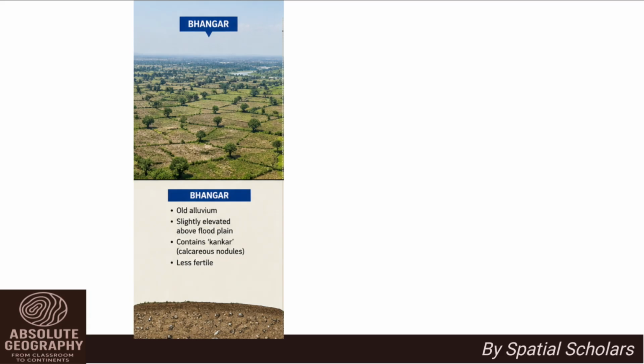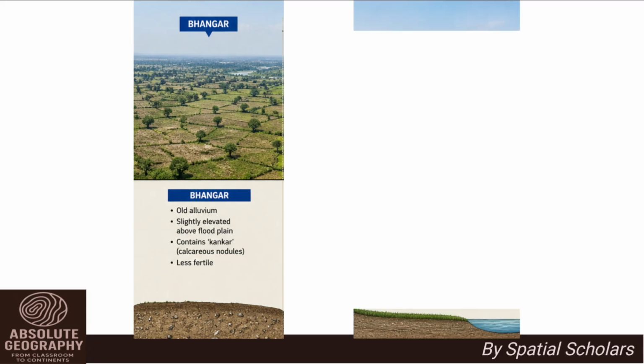Now, since this Bhangar region lies above the floodplains, it does not receive fresh alluvial deposits regularly. Therefore, the soil here is older and often contains calcareous nodules known as kankar. Because the soil is old and not renewed frequently by fresh deposits, it is less fertile compared to Khadar.